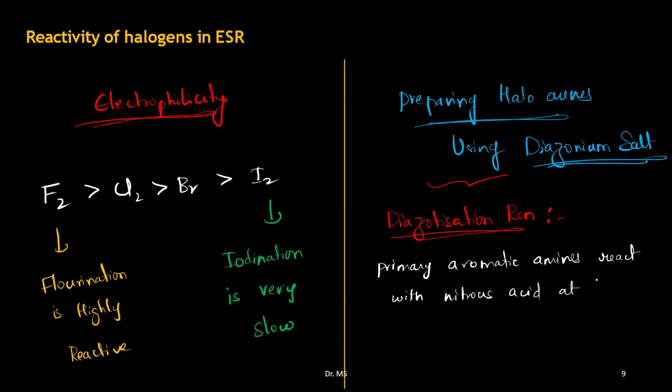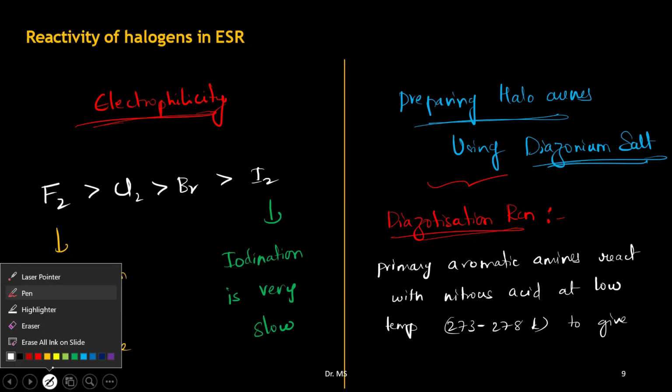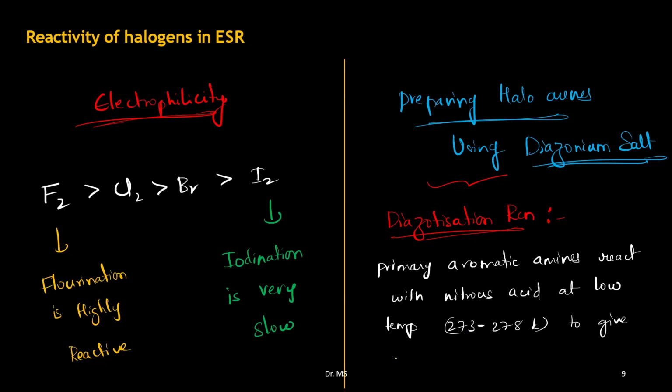This happens at low temperature, which is 273 to 278 Kelvin, to give aromatic diazonium salt.